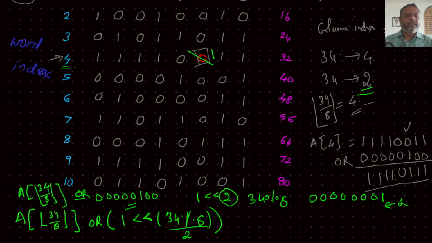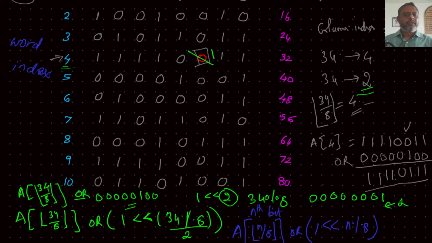So in general, if you are talking about nth bit, then take the bit array, then do n by 8, then OR, then 1 left shift by n percentage 8. So that's as simple as that.